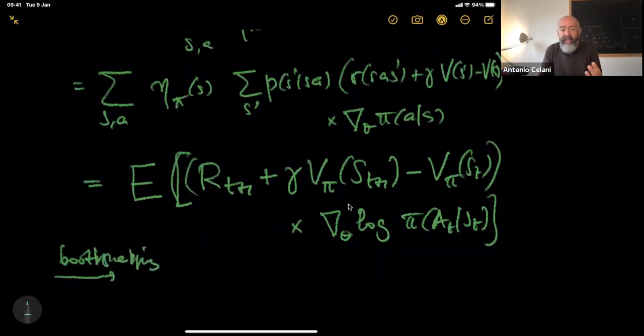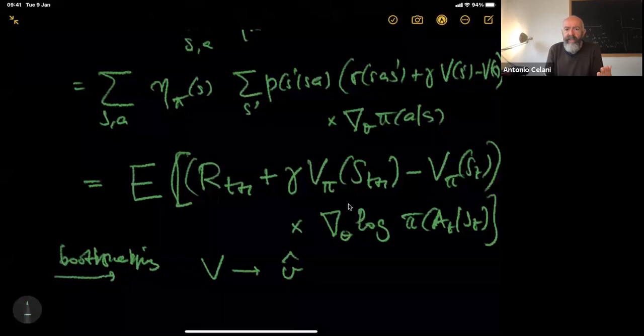That is, I replace my true value function for that policy with some approximation, which might depend on some other parameters W.